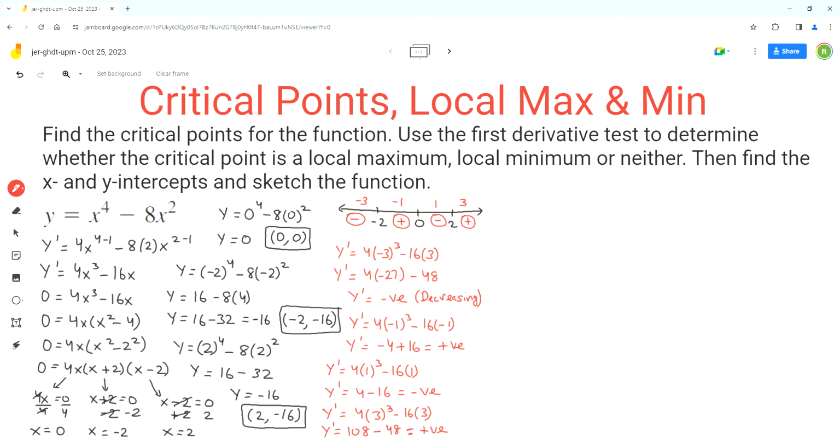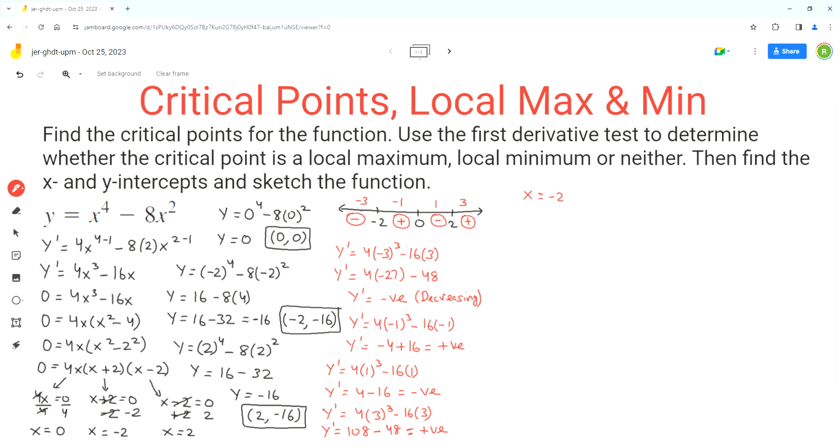So now we can find out where the critical points represent local maximum, local minimum, or neither. So let's analyze the first critical point at x equals negative 2 on the left side. So here we can see that to the left side of negative 2, the function is decreasing, and to the right side of negative 2, the function is increasing because the prime of y is negative on the left side and prime of y is positive on the right side of x equals negative 2.